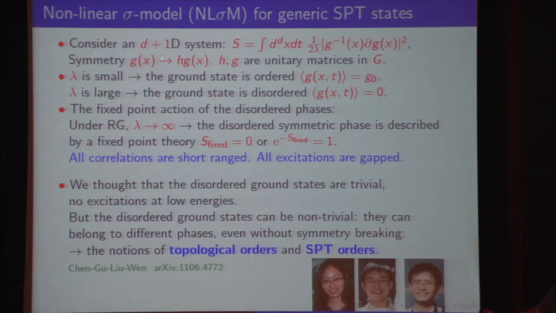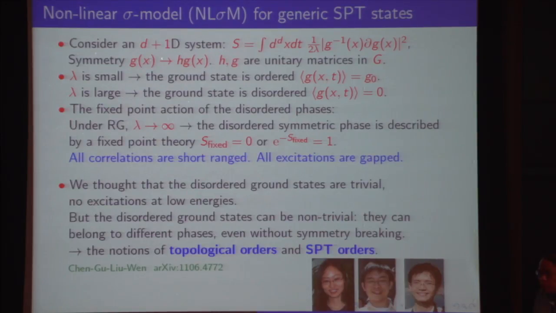And now I try to present a general theory for this kind of SPT state. The purpose of this general theory is that we want to have a systematic understanding of all the SPT states in all dimensions. Can we have some understanding at that level? And the answer is yes, actually pretty simple.